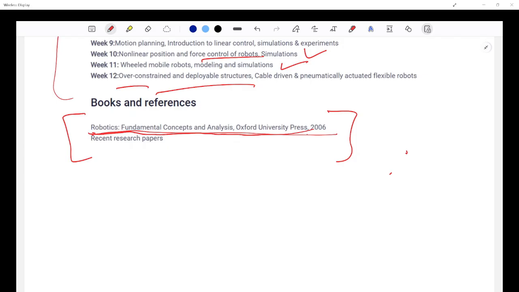Then we'll also see over-constrained mechanisms and deployable structures. You might have seen in the lecture that Professor Ashitava Ghoshal taught how antennas are folded and then deployed in space when required.